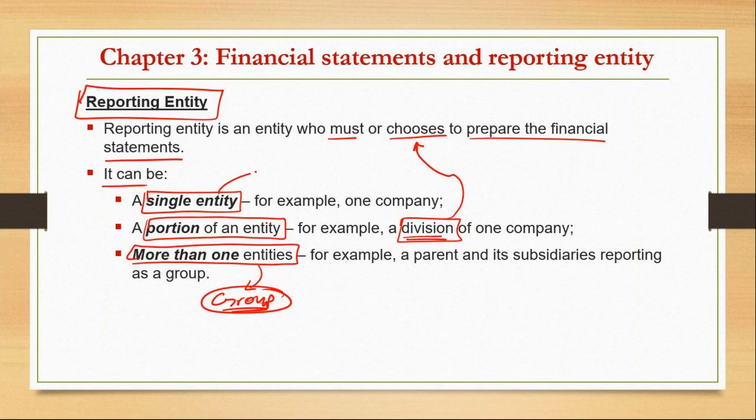But if I'm an entity, a listed company or an unlisted company, but a registered company, I must be preparing the financial statements. Similarly, the group is also required to prepare the financial statements. So in some cases, if an entity or a part of an entity is not required to prepare the financials, but it still may opt to prepare them, there's no harm in that.